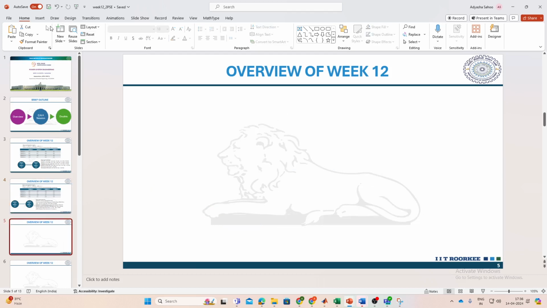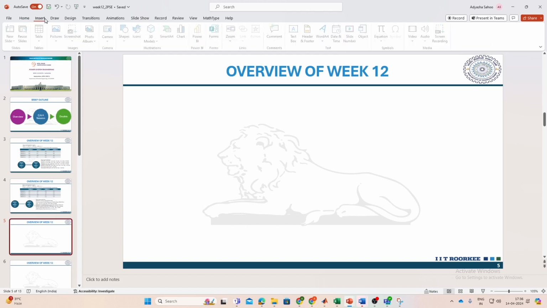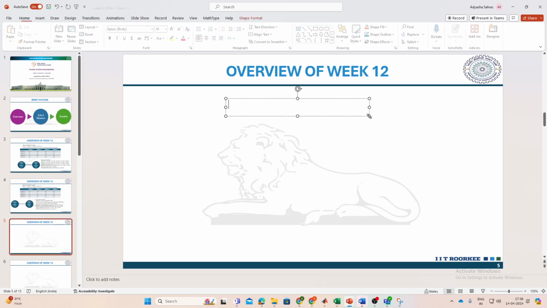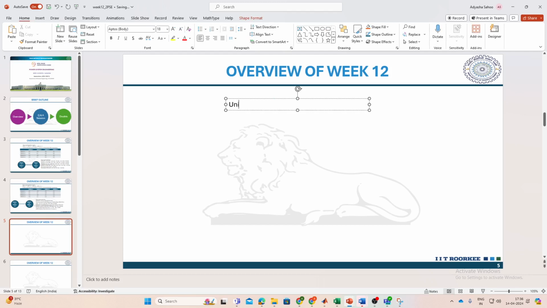Next we will see, next topic was unit commitment, right? So what is this unit commitment? Basically, you have many generating units in your system, right?